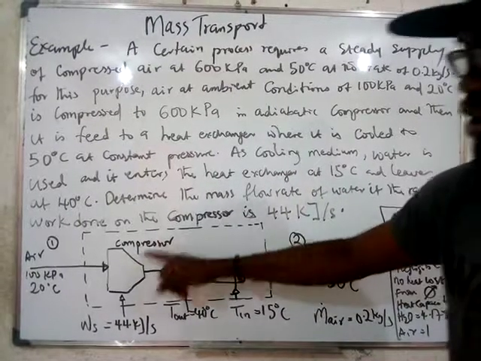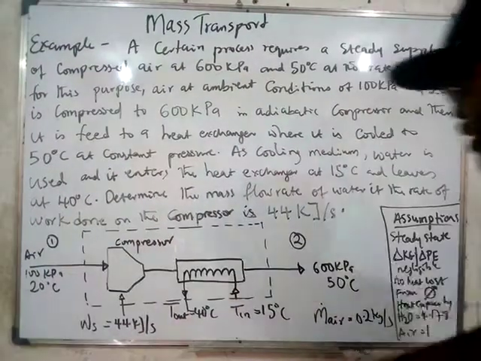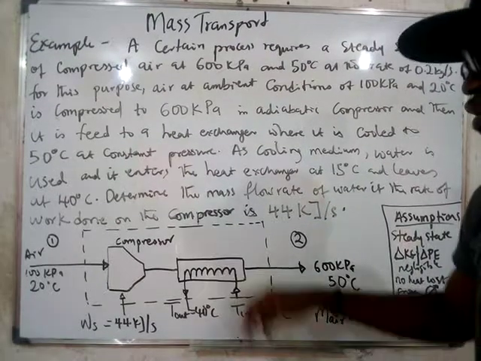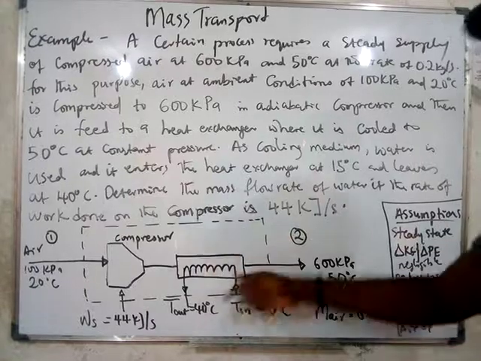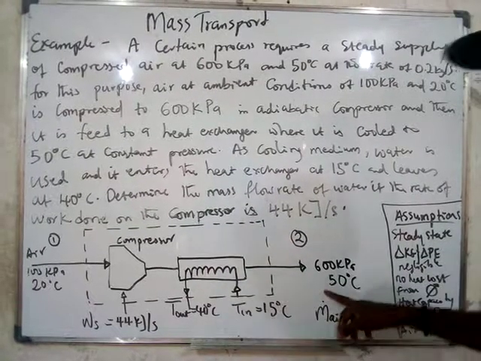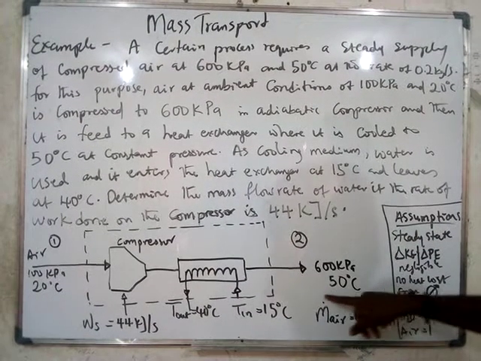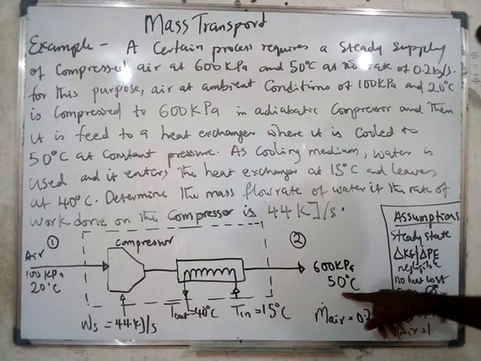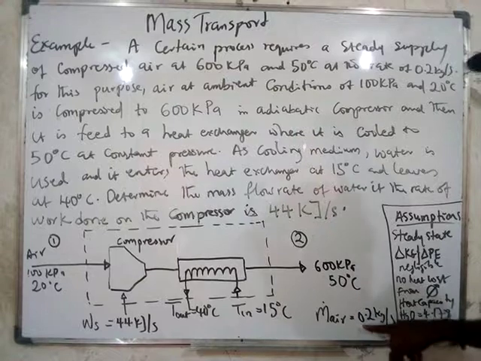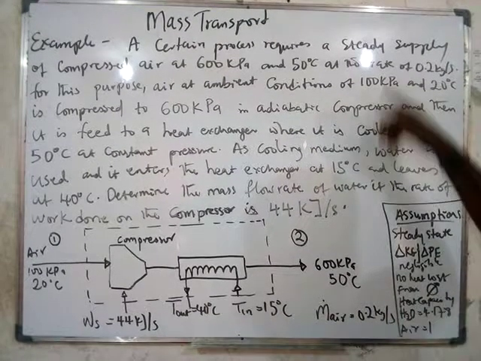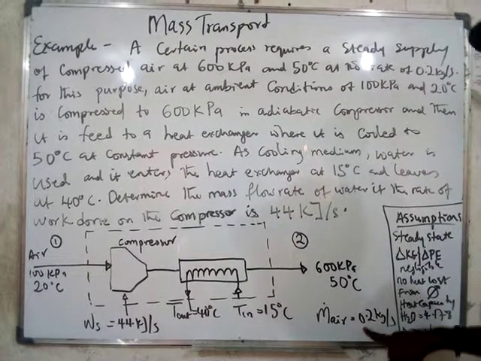The work of the compressor is to compress from 100 kilopascal to 600. Whereas the work of the heat exchanger is, because it is compressed and the temperature is high, to remove some heat from it so that it will still be at 50 degrees Celsius and come out with the mass flow rate of 0.2.